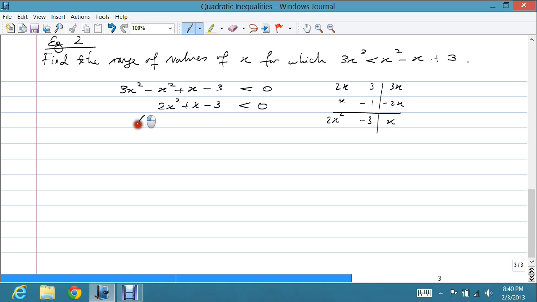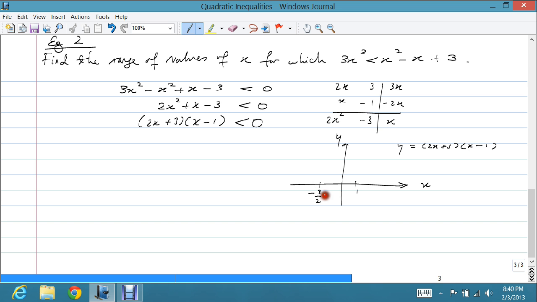Great, I can factorize this now. With this, I'm going to draw the graph of y equals (2x + 3)(x - 1). This graph will have roots 1 and negative 3 over 2.